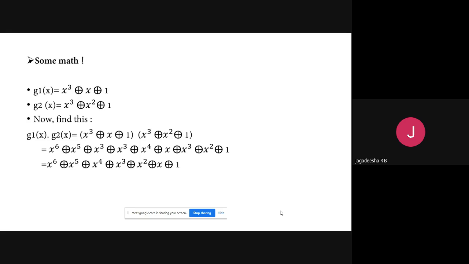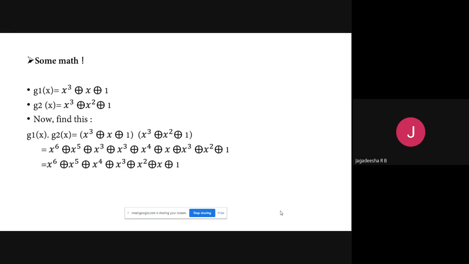So x cube plus x cube plus x cube gives you 0 plus x cube, that is x cube itself, because 0 XOR anything is equal to that anything. For instance, 0 XOR 0 is 0, 0 XOR 1 is 1, right? So this is the simple math. I just went through it.